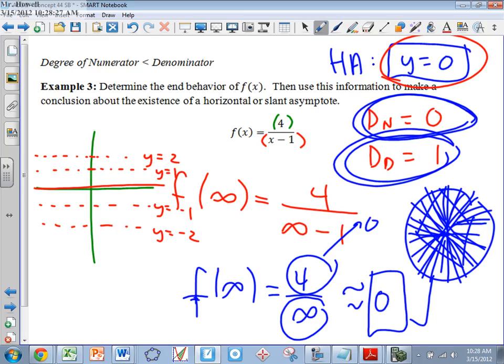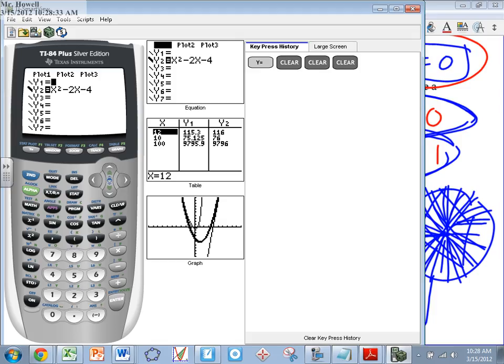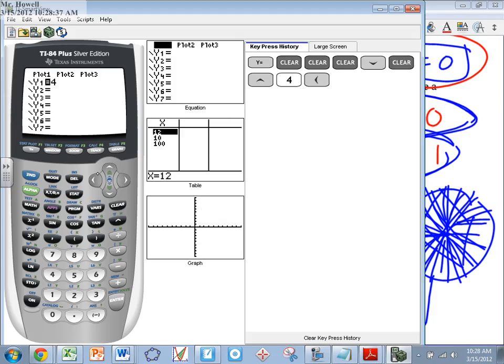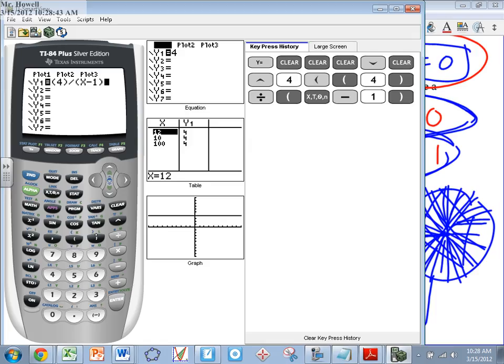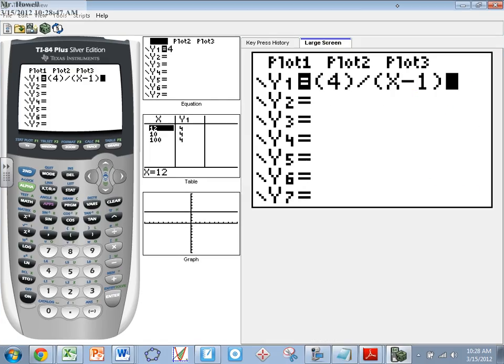So go ahead and graph it, please. We got 4 over x minus 1. So I'm going to go into my y equals. I'm going to go ahead and type in parentheses, 4 over x minus 1. Okay, graph, please.